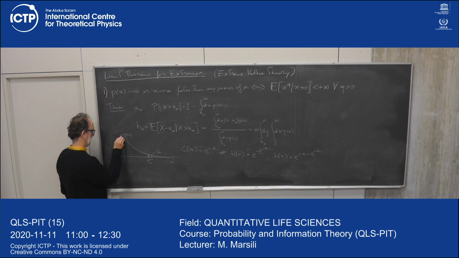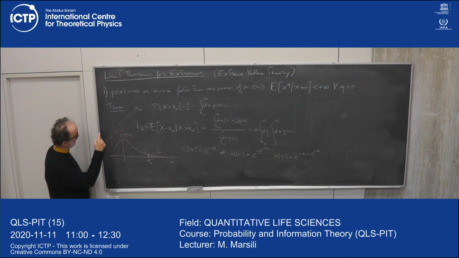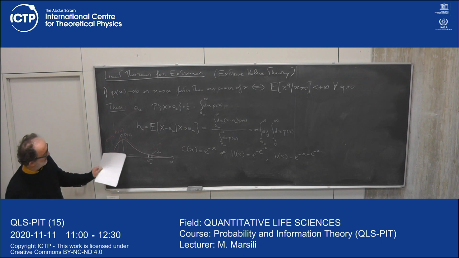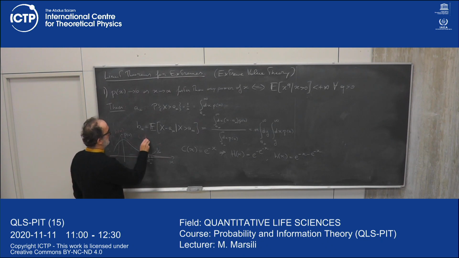And then it goes to 0 on the other side very, very fast, because when x goes to minus infinity, e to the minus x goes to infinity, and e to the minus e to the minus x goes to 0. Okay, so this is a very asymmetric distribution. And this distribution has a name, it's called the Gumbel distribution.